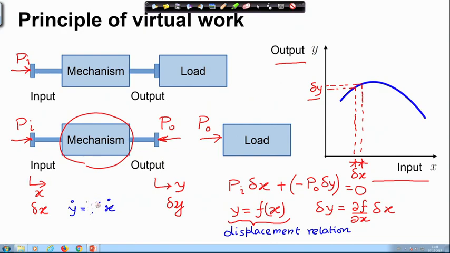Let me call it J. We have already discussed this, that the input velocity and output velocity are related through the Jacobian. So, therefore, I know the input output relation through this velocity. This implies delta y is equal to J times delta x.